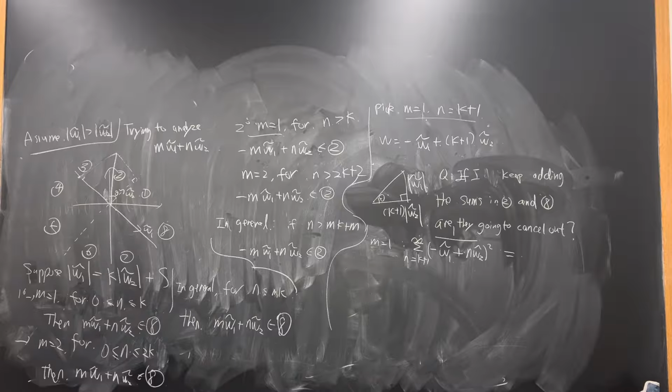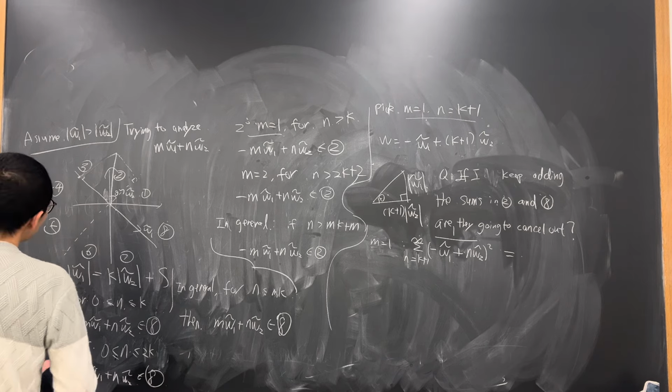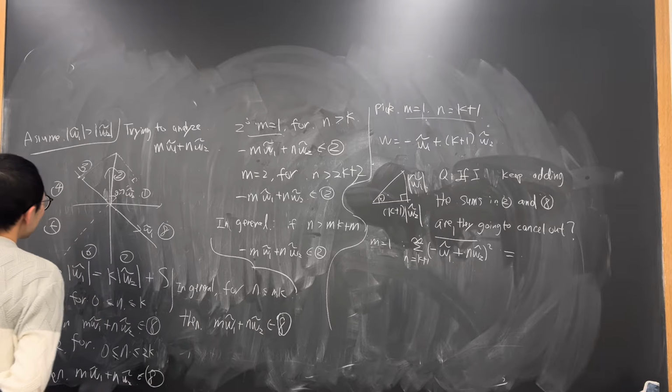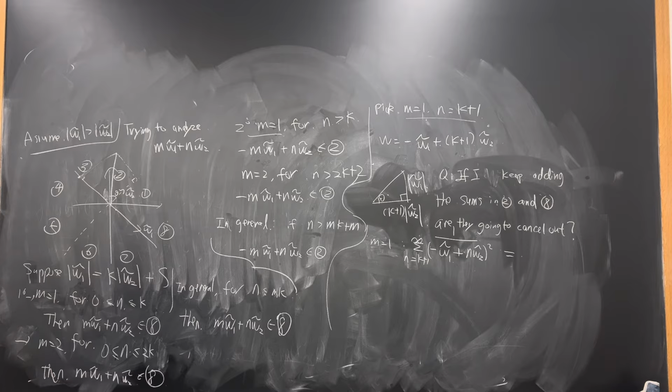These angles are supposed to be getting, if I view the angle as theta here, smaller and smaller, right?